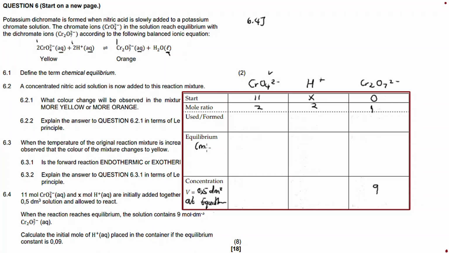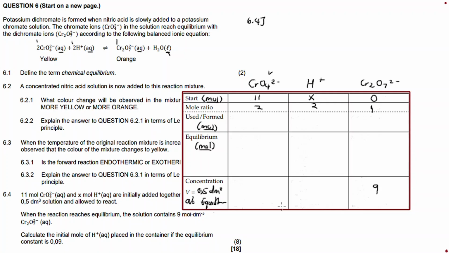I know the table is a bit weird, I got it from a textbook, so I decided to use this one. The equilibrium stands for the number of moles at equilibrium, used or formed, amount of moles. Start, initial amount of moles.